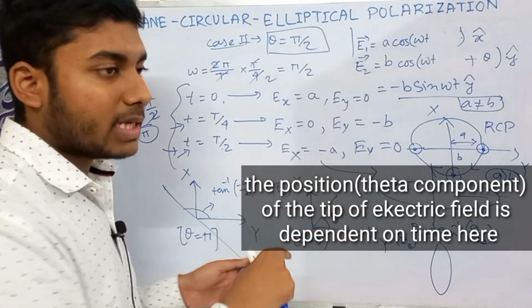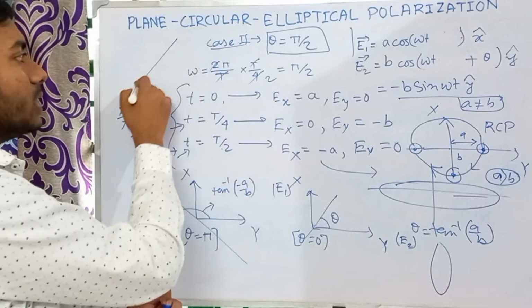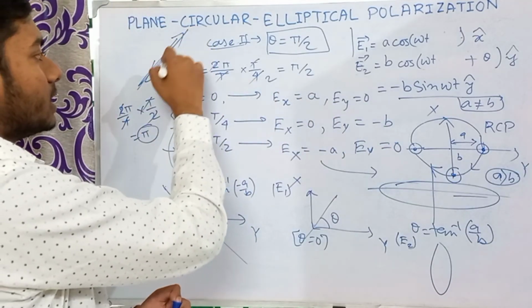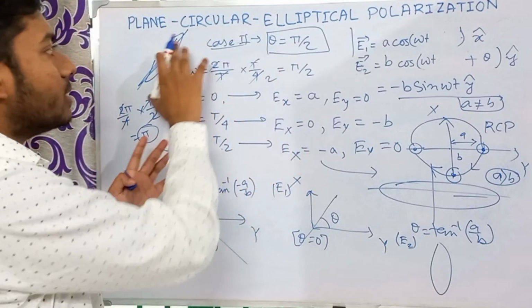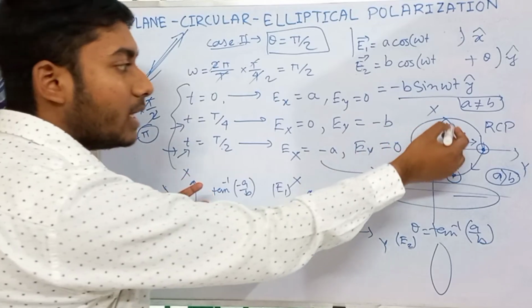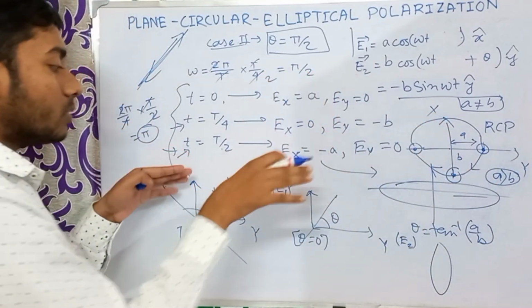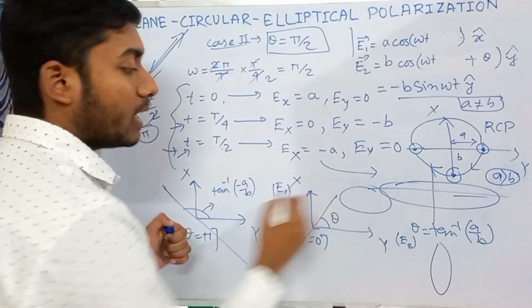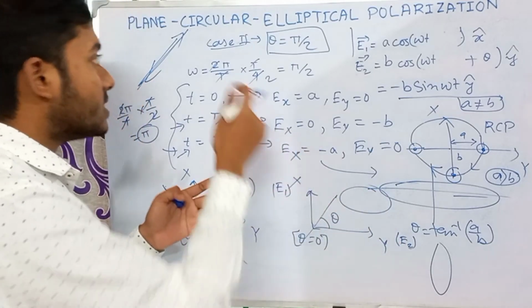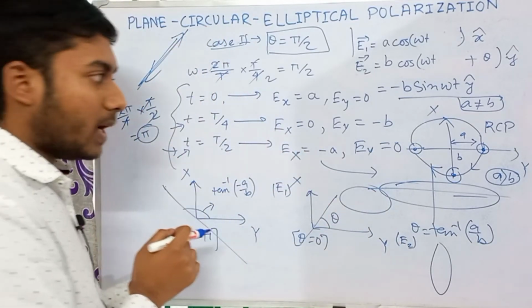In our previous case, when the light was plane polarized, the electric field was only vibrating in one direction, so it was not dependent on time. But as this is depending on time, that's why it is elliptically polarized. Otherwise it will be just plane polarized light, right?